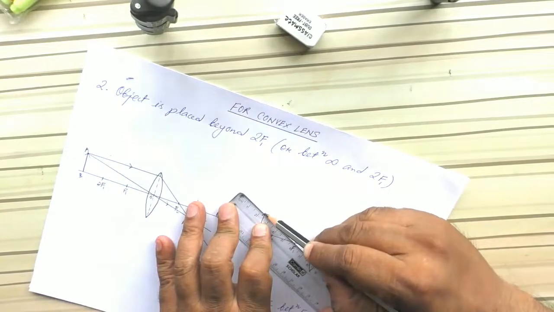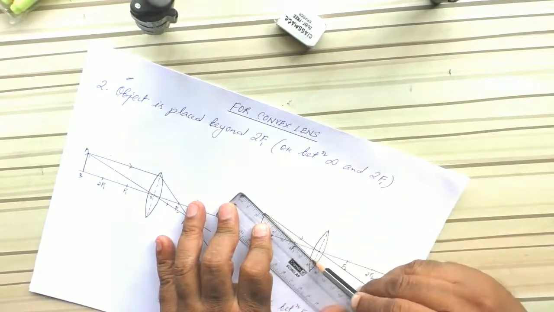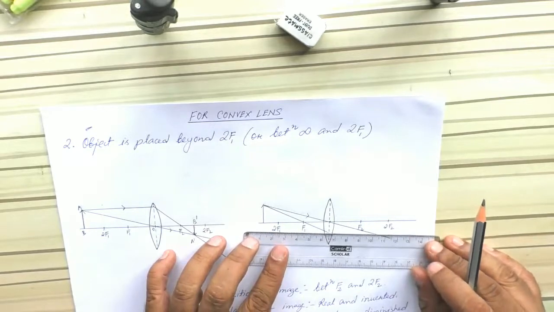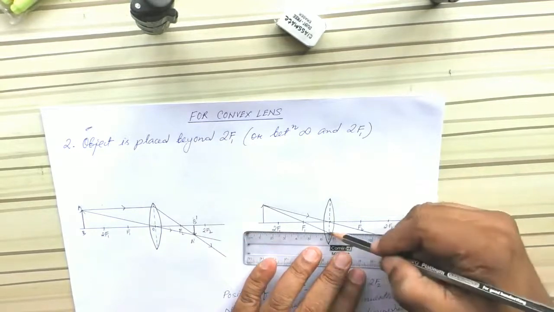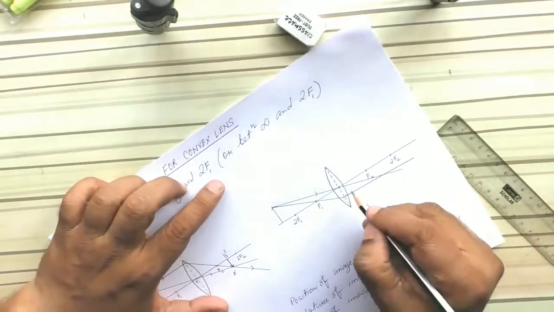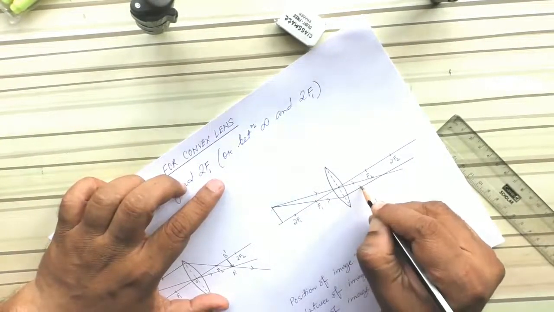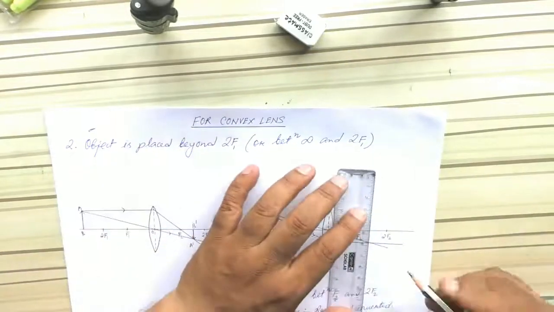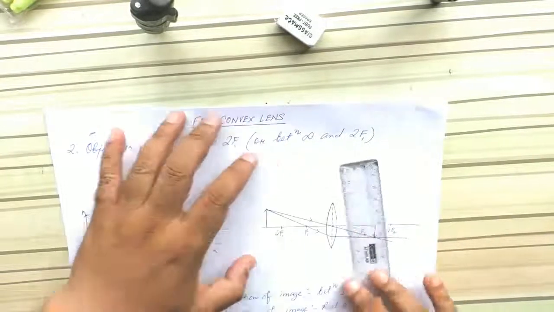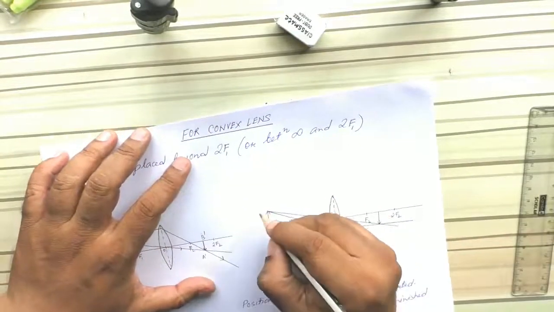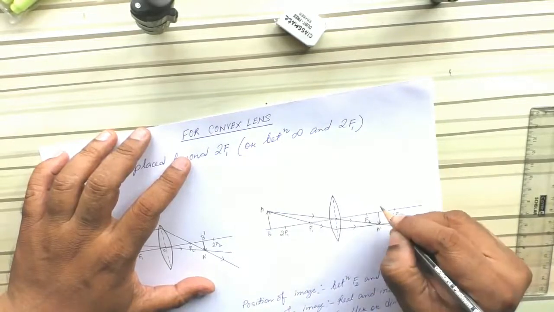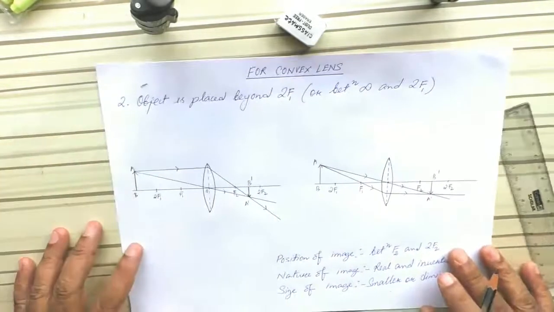If a ray of light incident after passing through focus, it becomes parallel to the principal axis, and you can see this time also the image is formed between focus and center of curvature, real inverted image. So AB is the object, A dash B dash is the image.